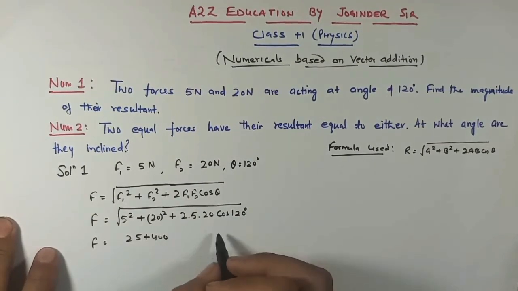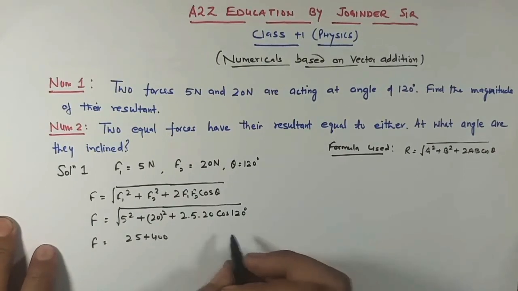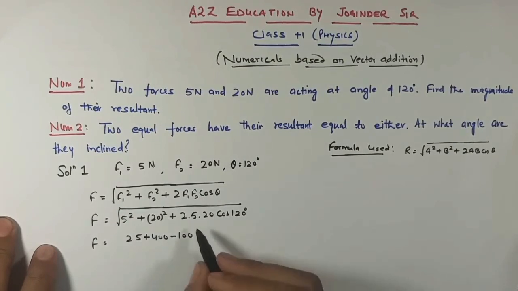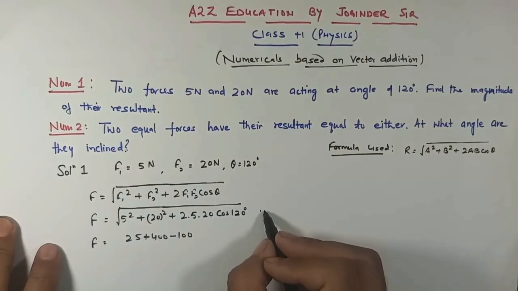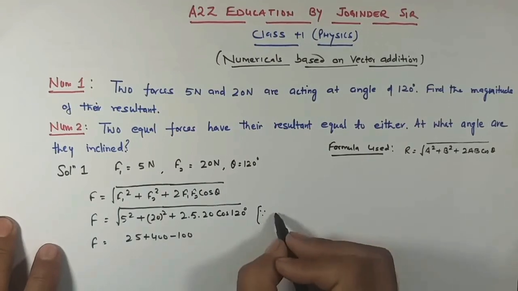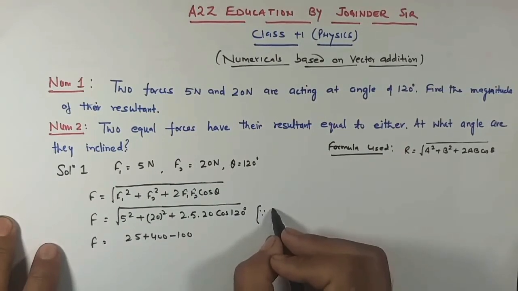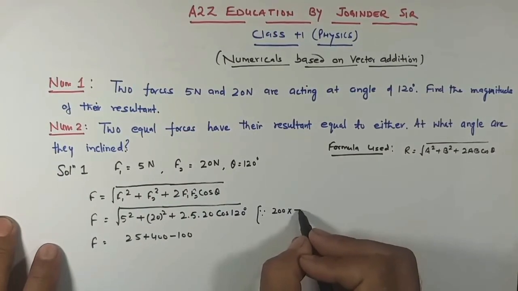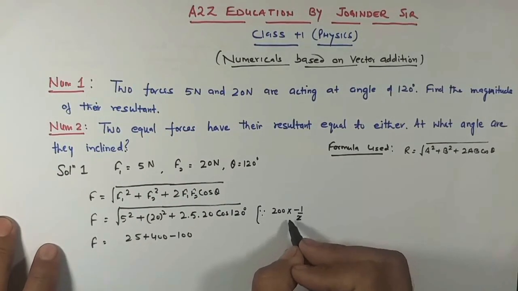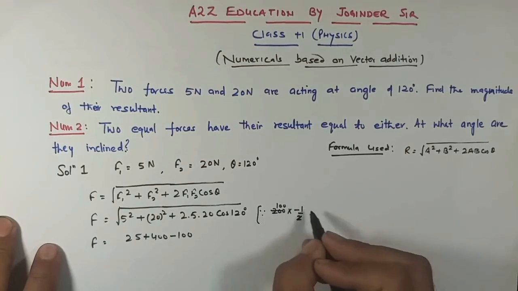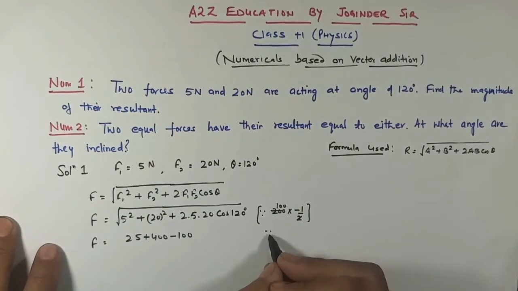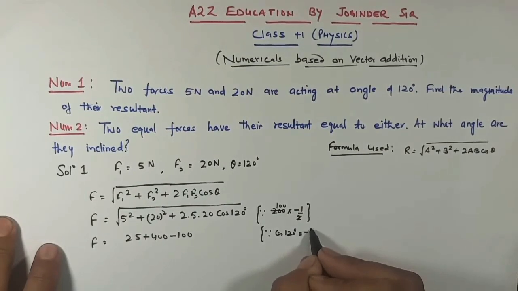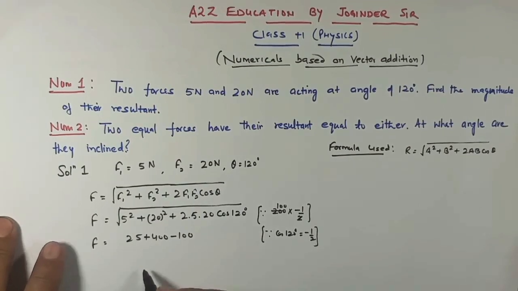So 200 into minus 1 by 2 becomes minus 100, because cos 120 degree is equal to minus 1 by 2, right?